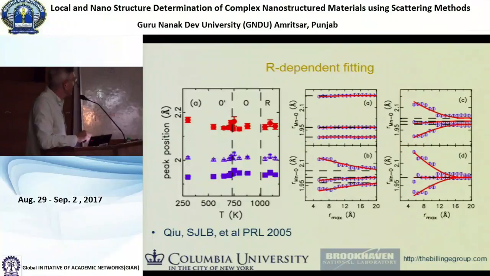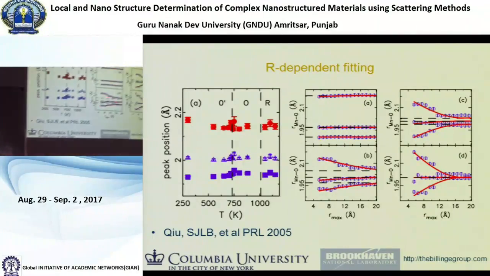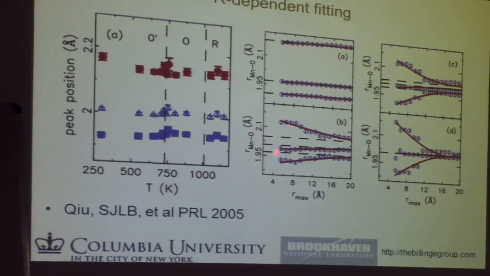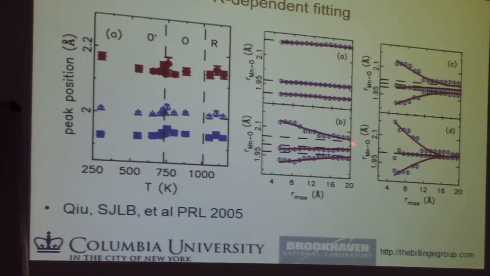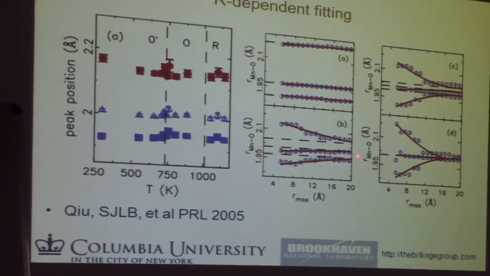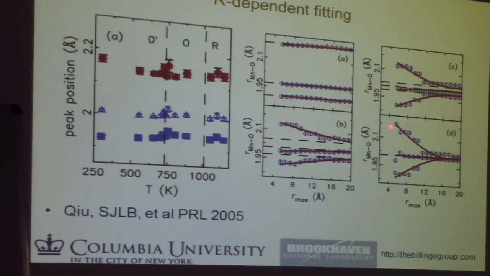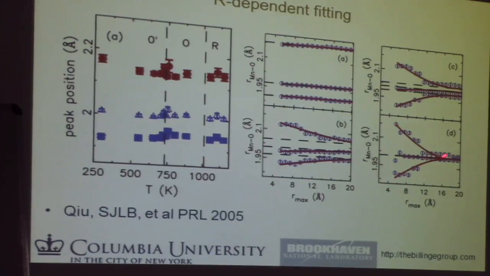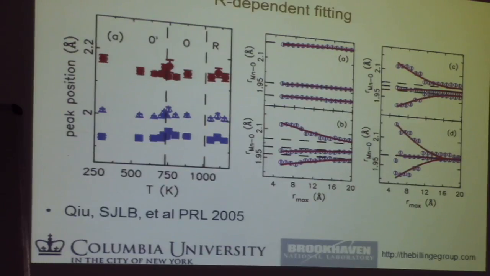That's at low temperature. But at this higher temperature, what happens is at low R we have 2 long, 4 short, and at high R this distortion is starting to go away. And in this even higher temperature one here, we have this 2 long, 4 short, but then by 15 angstroms, it's actually gone down to undistorted.